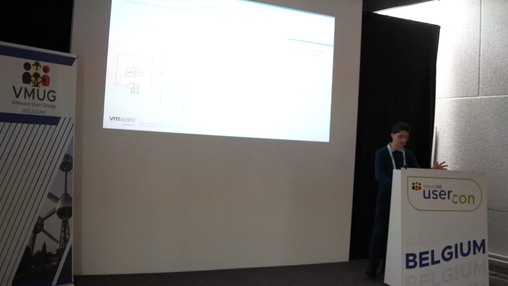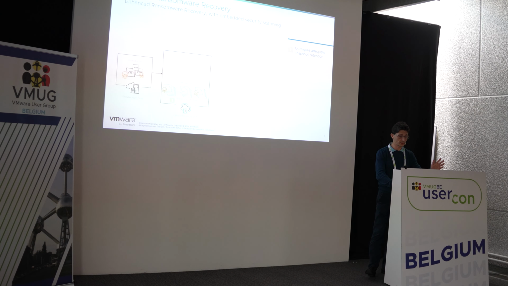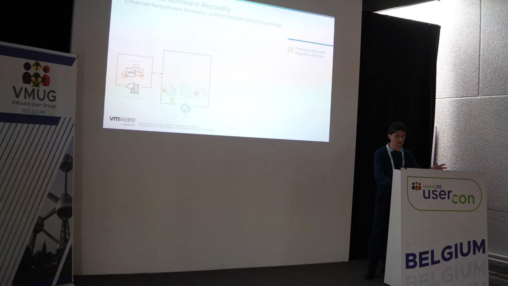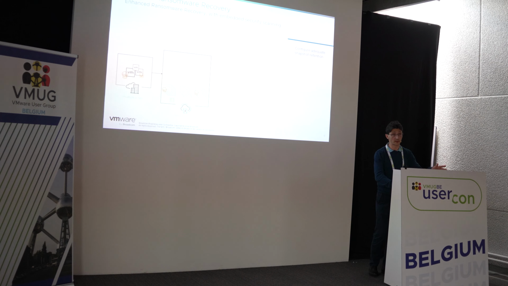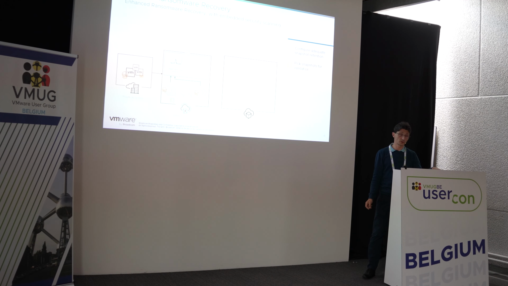So let's say we select 3 to 6 months of retention, and at one point you realize some of your VMs are infected, and obviously some of your snapshots are too. So how do you select a suitable snapshot? There is a snapshot anomaly detection embedded in the solution, and it's not just running some checks.